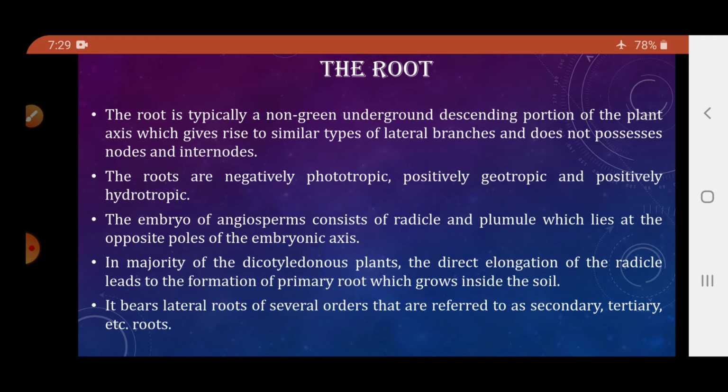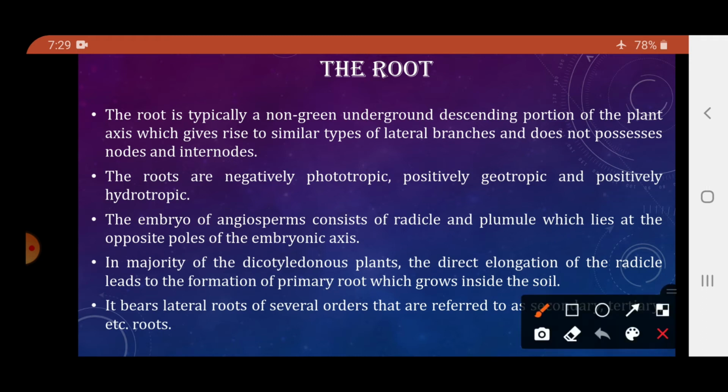Now say for example, मैं एक इधर diagram draw करती हूँ, it will be more clear. Say for example, this is the ground portion. यहाँ पे रेडिकल है. रेडिकल क्या बना रहा है? एक रूट बना रहा है. रेडिकल का इलोंगेशन हो रहा है. ये इलोंगेशन से जो रूट बना, ये वाले रूट को हम क्या बोलते हैं? प्राइमरी रूट.